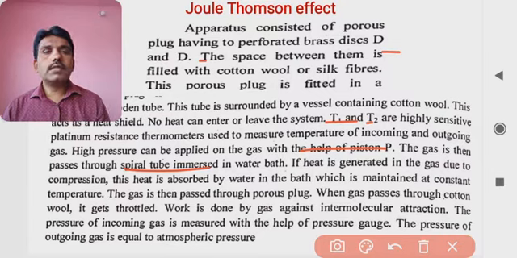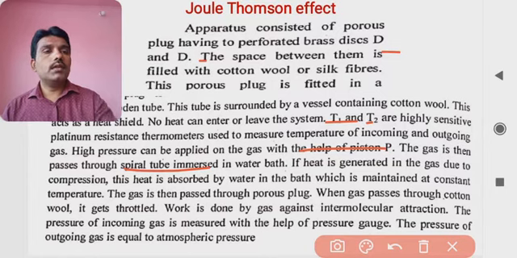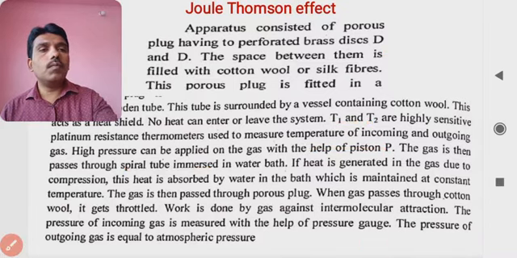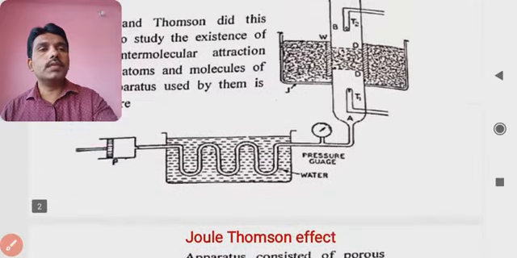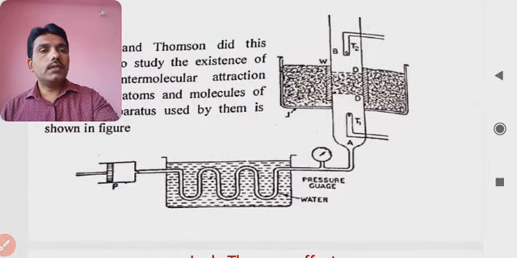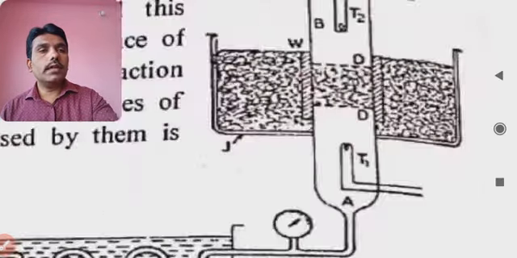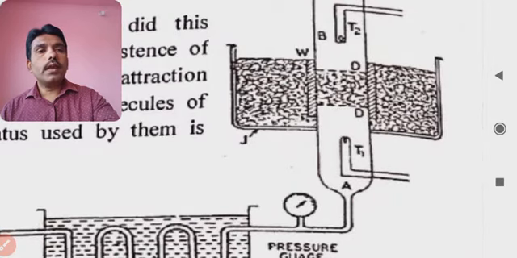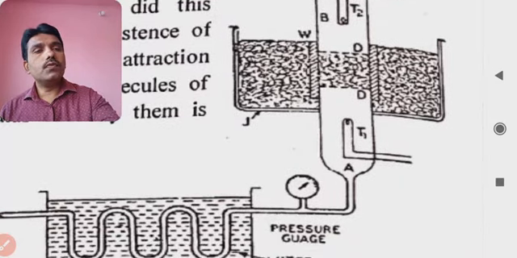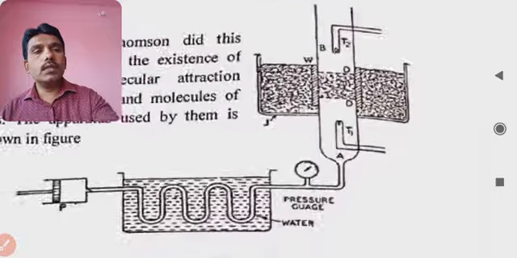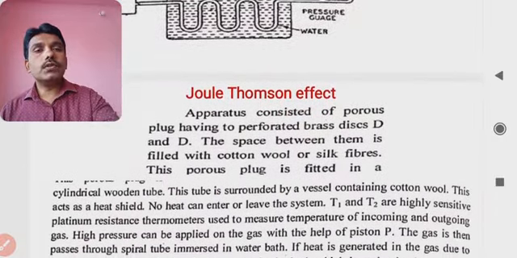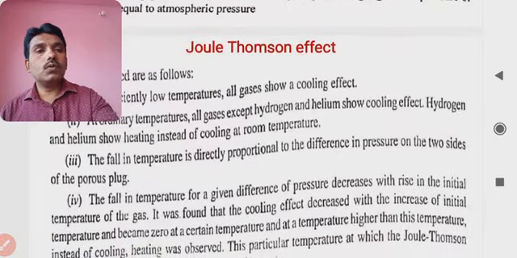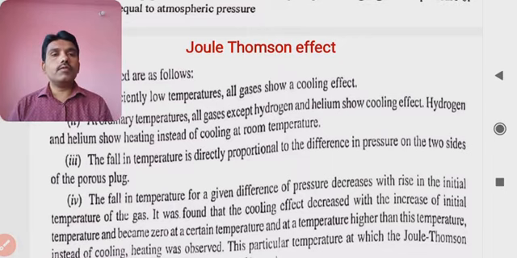When the gas passes through this disk, the intermolecular distances between the molecules or atoms increase, and the gas emerges at side B. Due to that, we get either a cooling effect or a heating effect, which we will see.